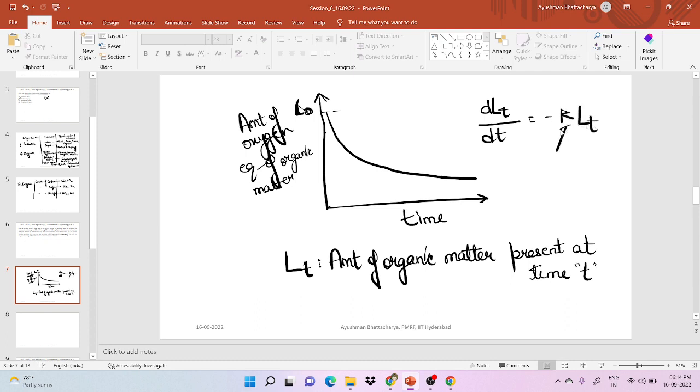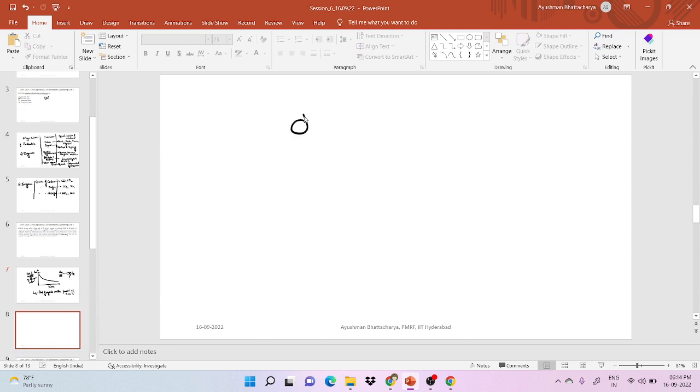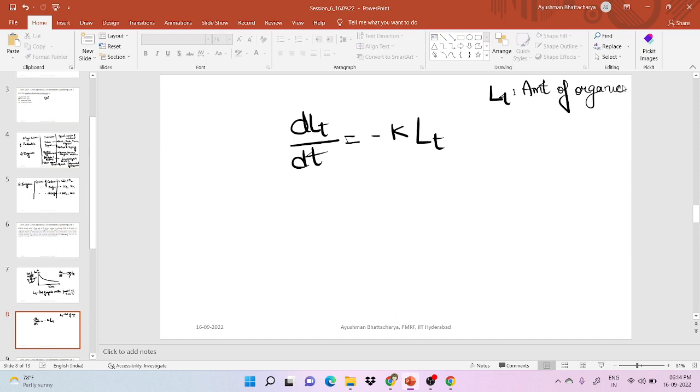K is the reaction constant, and it is minus because it is decreasing with time. I hope it is clear. Since we are differentiating with respect to time and it is decreasing, it is minus. So dLt by dt equals minus K Lt, where Lt is the amount of organic matter at time t.